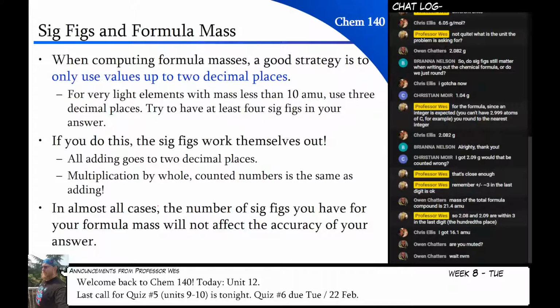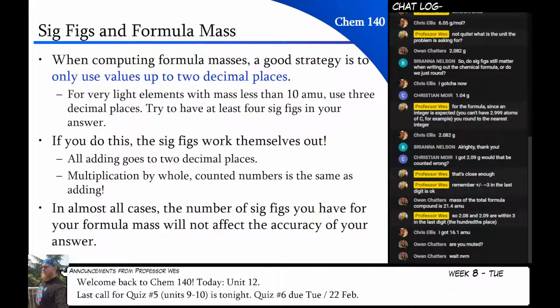In other words, if I give you a number that has 3 sig figs in it, and then I say you have to multiply it by the molar mass or the formula mass, and you calculate the formula mass to 4 sig figs, it won't affect the precision of your result because you're going to round it to 3 sig figs based on the number you started with, right?